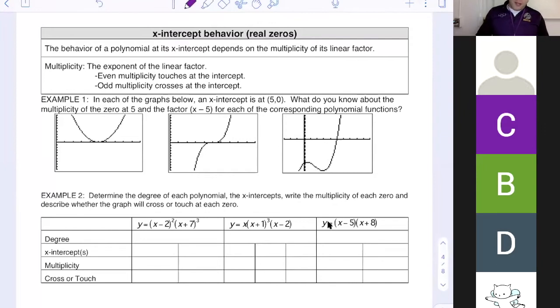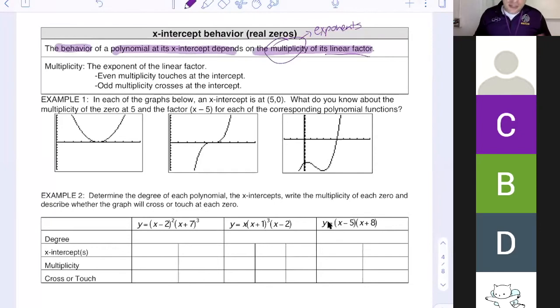The way we determine that is something we call behavior of a polynomial at its x-intercepts, which depends on the multiplicity of its linear factors. This idea of multiplicity is just looking at the exponents of the linear factors. Linear factors are what we get when we put the polynomial into factored form, and you could have repeating linear factors.